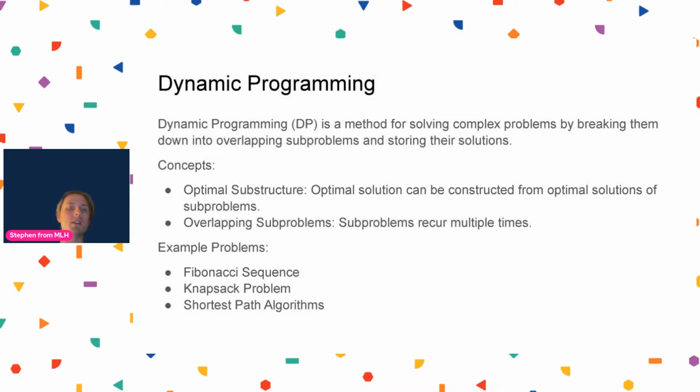So some famous examples of dynamic programming problems are the Fibonacci sequence, where you do have overlapping subproblems. And then the shortest path algorithm, for example, is another one that people know, to find the shortest path in some kind of graph.